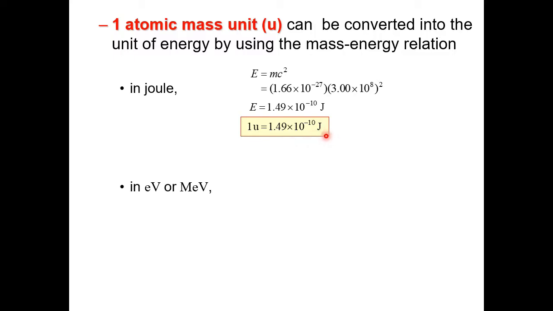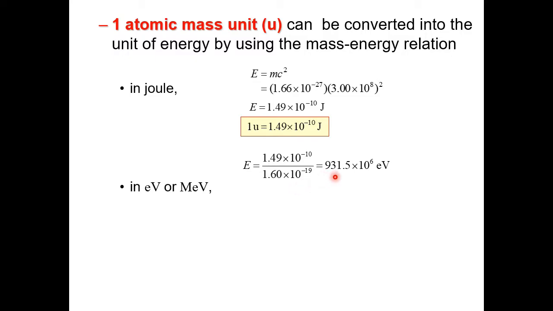If you want to convert from joule to U, you need to divide by 1.49 times 10 to the power of negative 10 joule. Besides that, you can also get the energy in unit electronvolt by using 1.49 times 10 to the power of negative 10 joule divided by 1.6 times 10 to the power of negative 19.